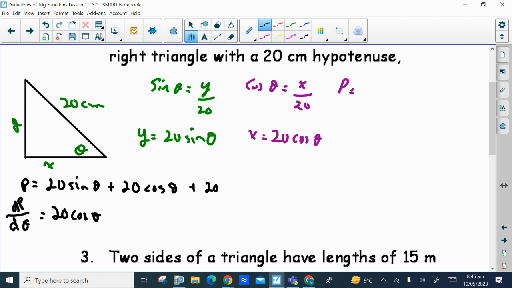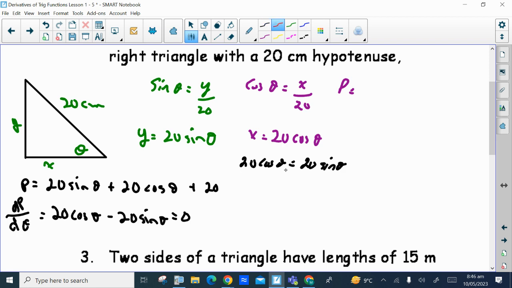The derivative of cos is negative sine, so that'll be negative 20 sine theta. And the derivative of 20, a constant, is 0. And we want to find the critical numbers, where it equals 0. So like we saw in the last one, if we add the 20 sine theta to both sides, we'll get 20 cos theta equals 20 sine theta.